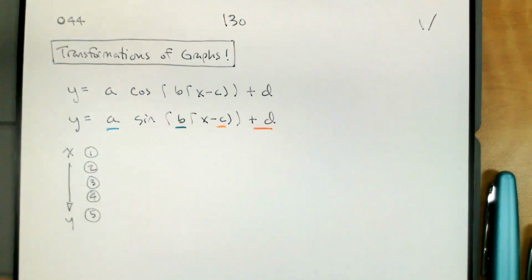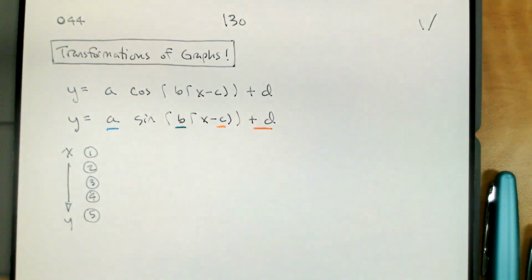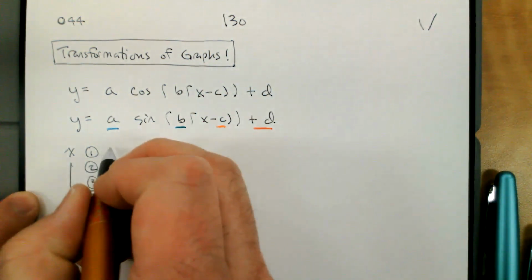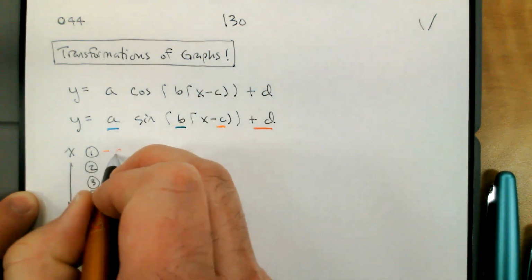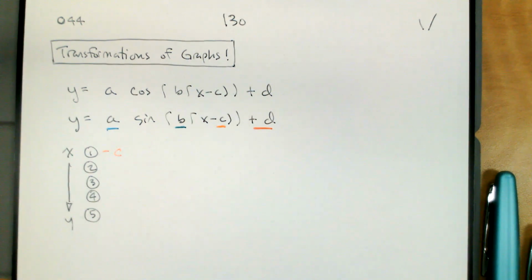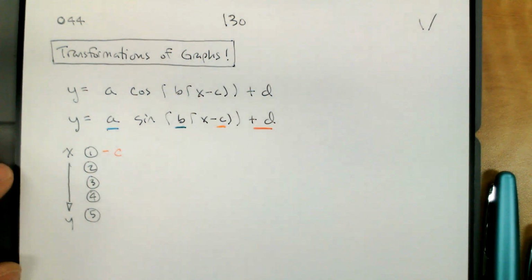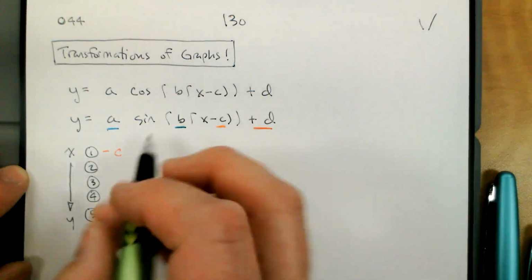if we just read the order of operations on what happens to the x, the first thing that we do is we subtract c. This is addition and subtraction, so it's producing a shift, and it's horizontal because it's happening before sine or cosine. The second thing that happens is that we multiply by b.